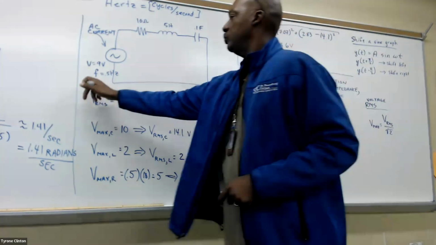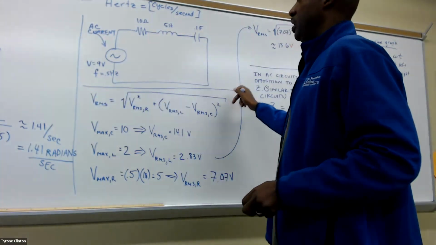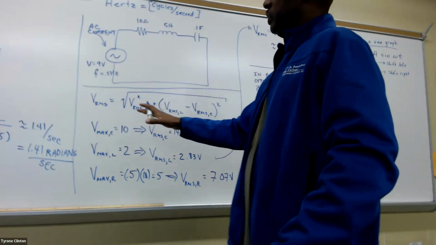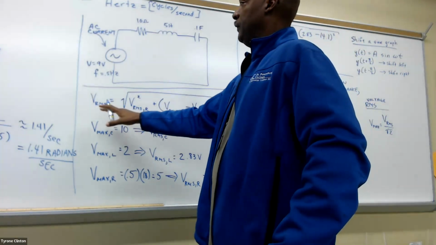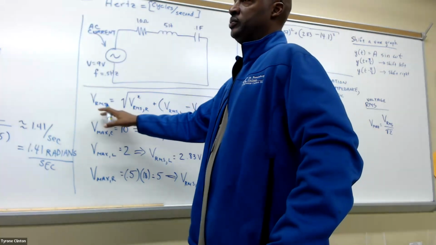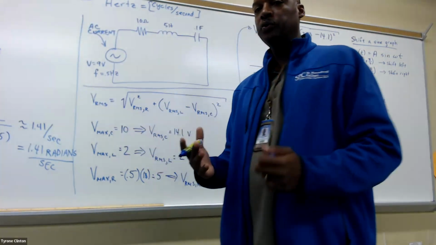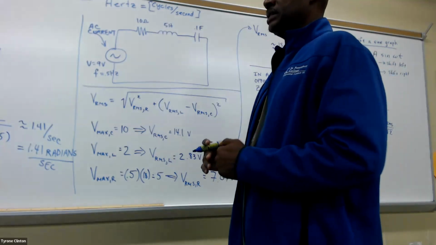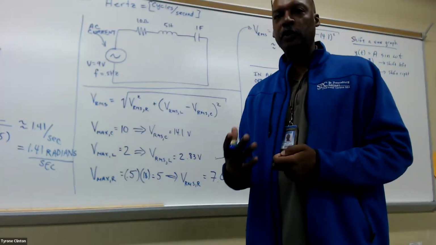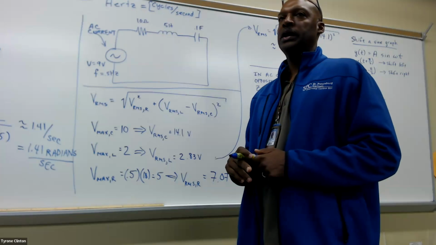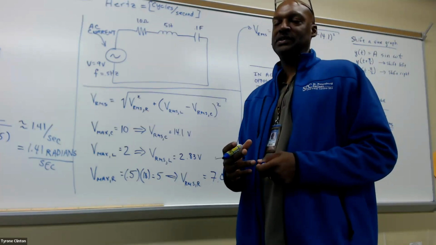Okay, so one calculation that you're going to need to know is you're going to want to be able to figure out the voltage root mean square. And what a root mean square is, it's our equivalent voltage to our DC voltage in a sense.